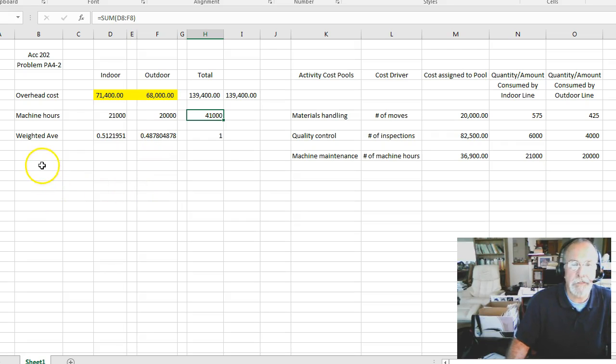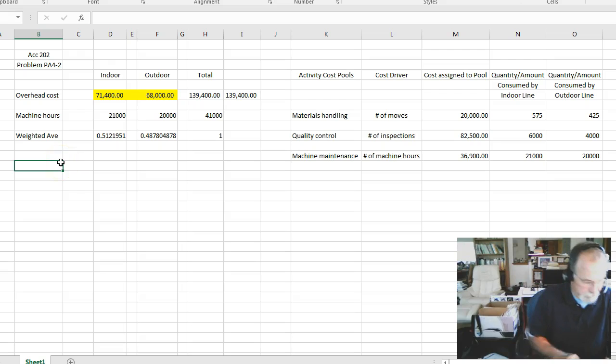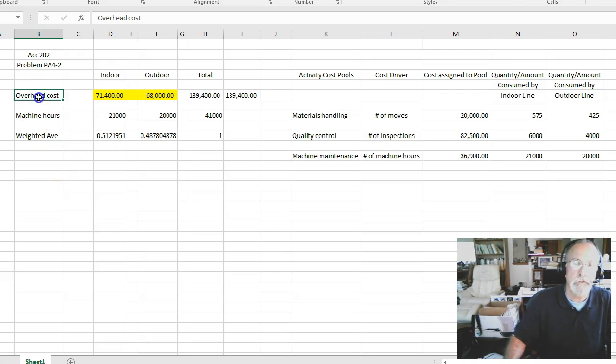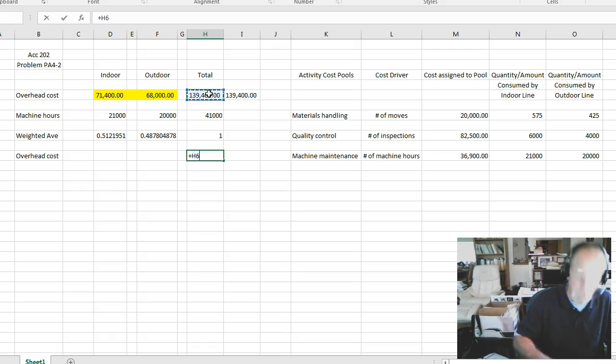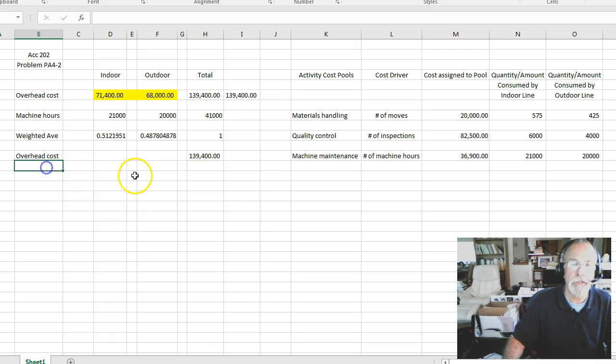So let's show that down here. We have overhead costs of $139.4, and then we have machine hours of 41,000.